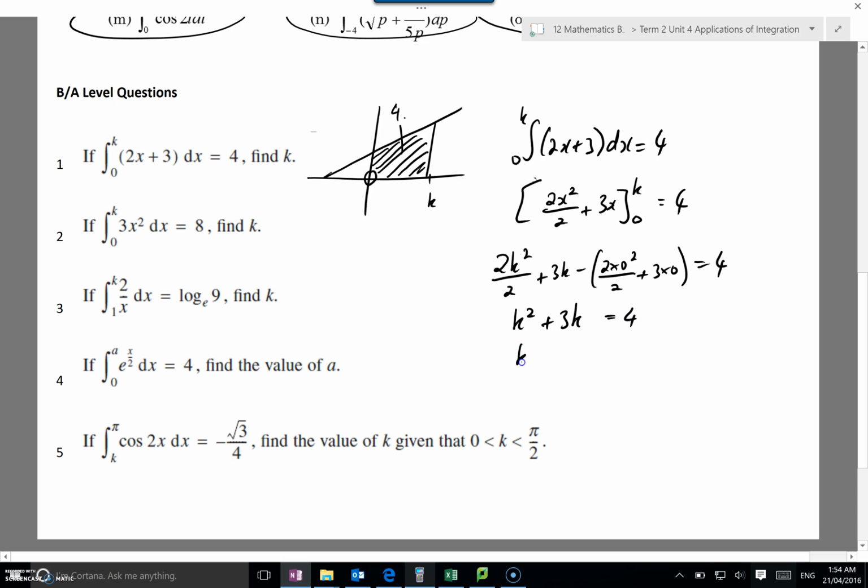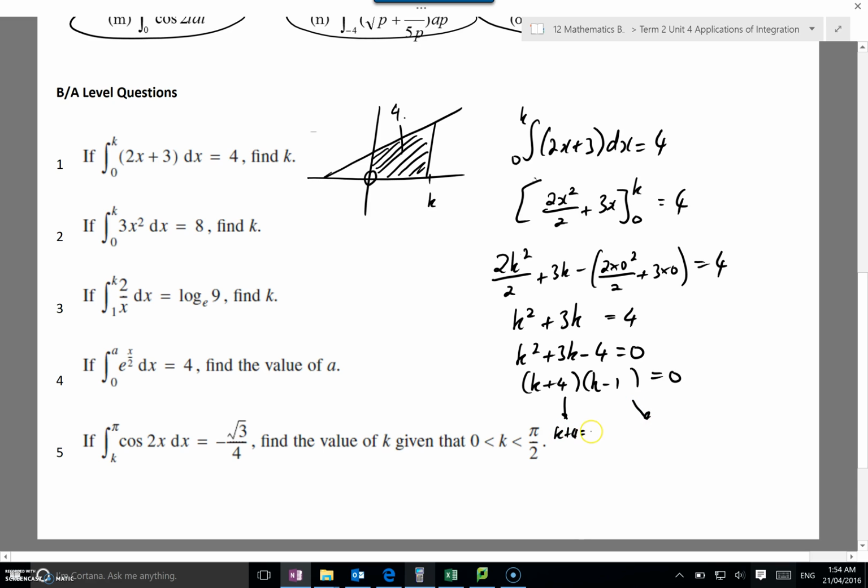This is a quadratic, which if you're in 12 Maths B, you should be pretty happy to solve. Quadratic, set it equal to 0. Factorize. And then use the null factor law.